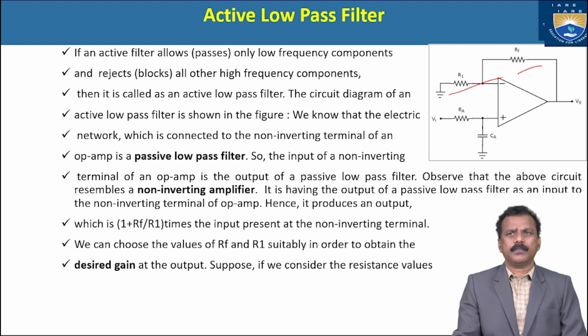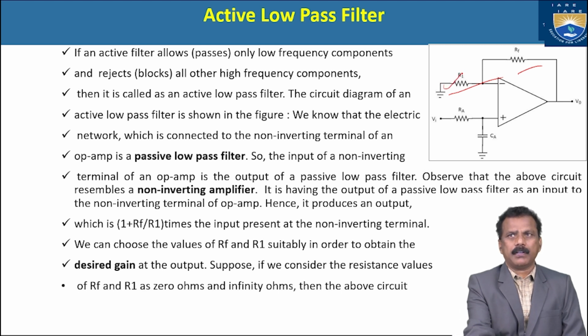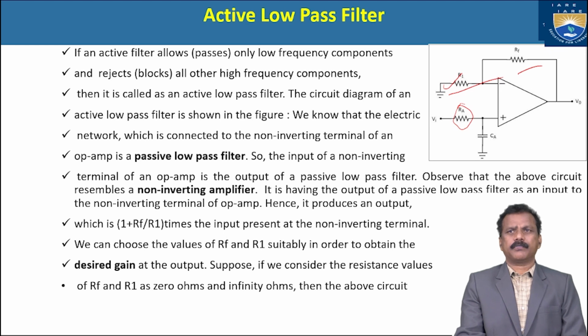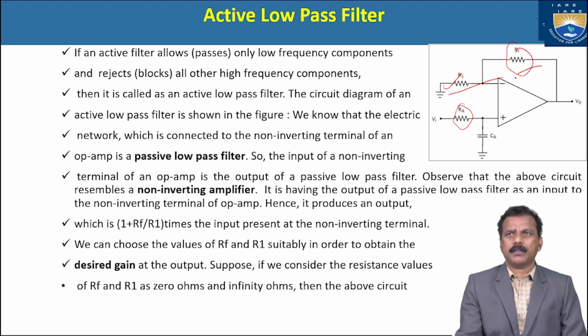Okay, suppose the inverting terminal is connected to R1 and the non-inverting terminal is connected to RA. For the desired gain at the output, suppose we consider the resistance values of the feedback resistor RF and R1 as 0 ohms and infinite ohms.